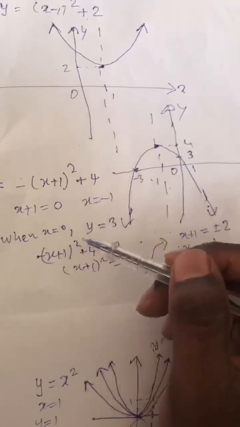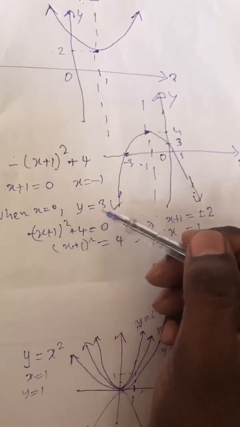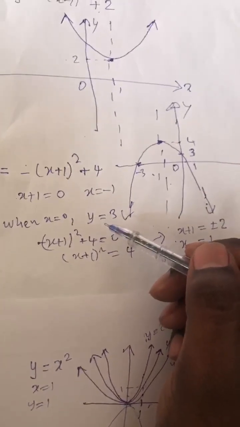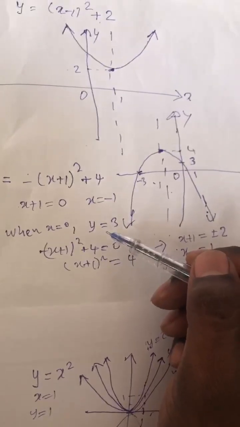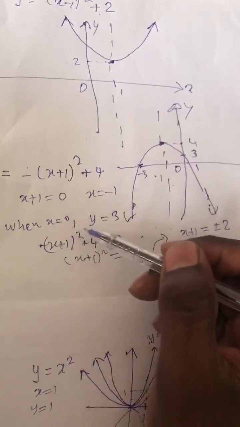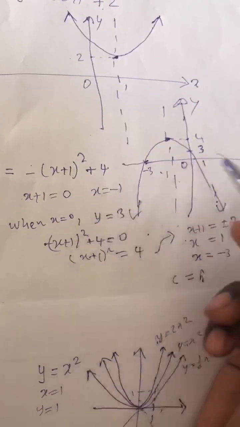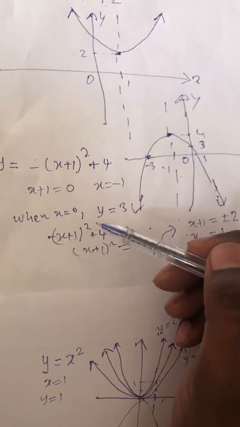So using this simple method, you can draw any type of quadratic graph. Very simple. Try to use this, and actually not only quadratic function graphs, we can use this type of technique for any graphs.